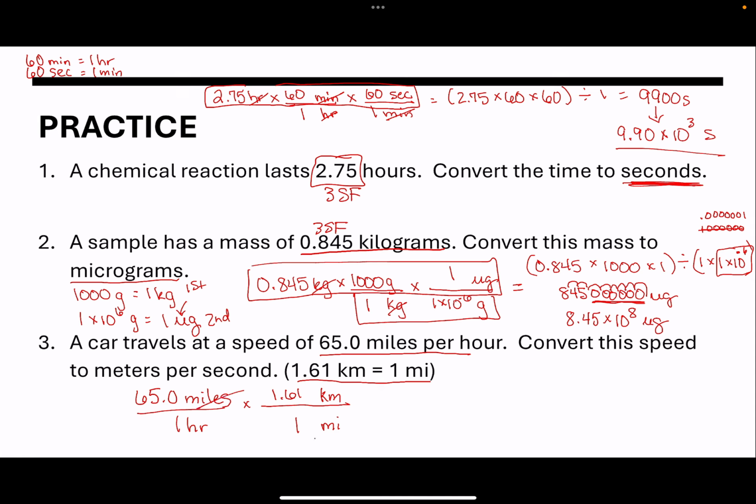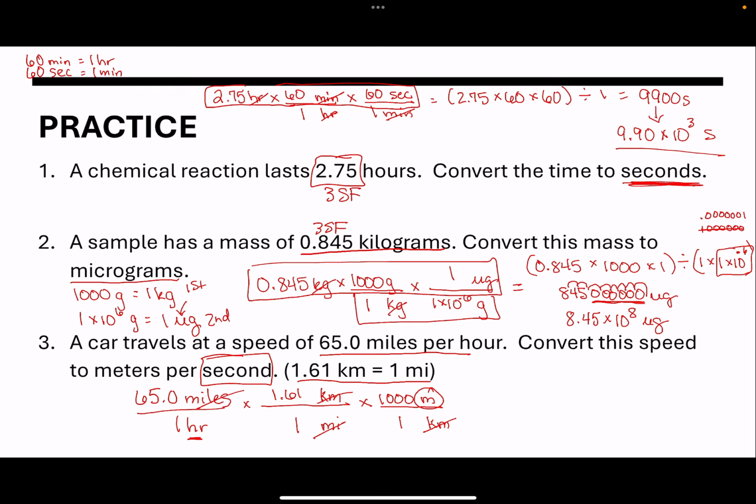So this gets rid of our miles, but we still have kilometers, and we want to go to meters per second. So here we're going to get rid of our kilometers by using that there are 1,000 meters in 1 kilometer. This gets rid of our kilometers and leaves us with meters. But look back here, we have hour, and it's asking us for second.